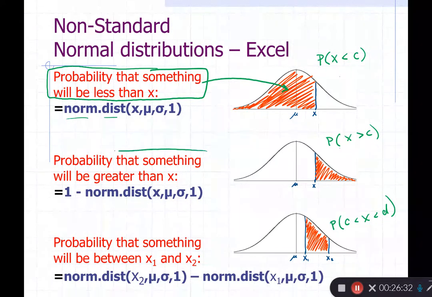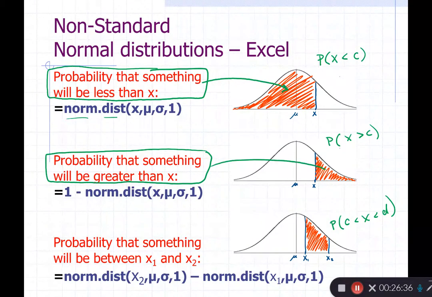And the probability that something will be greater than x, equivalently, is the area to the right of x. So this Excel function, this normal distribution function, gives you the area. Remember, area and probability are the same.